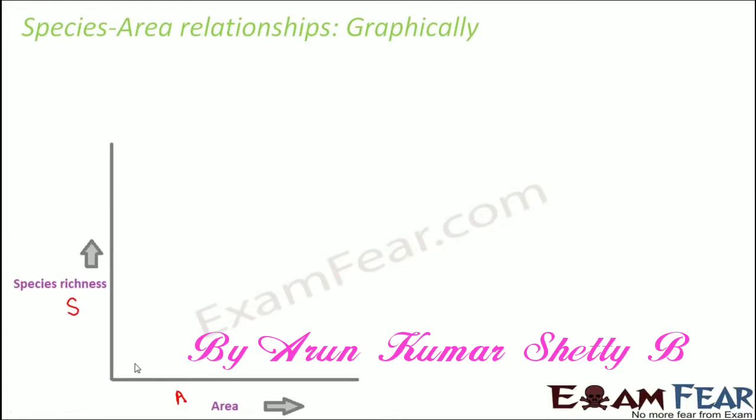So the graph we get is somewhat like this. Initially as A increases, S also increases, but after a certain point it doesn't increase any further. This curve also tells us the relationship between S and A, right?